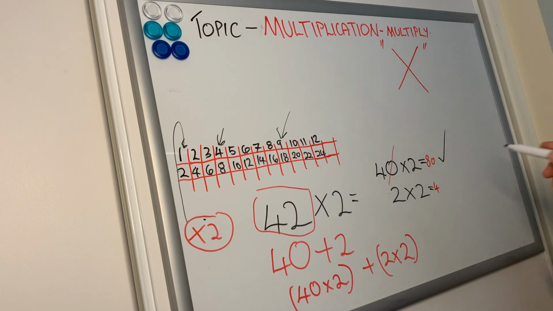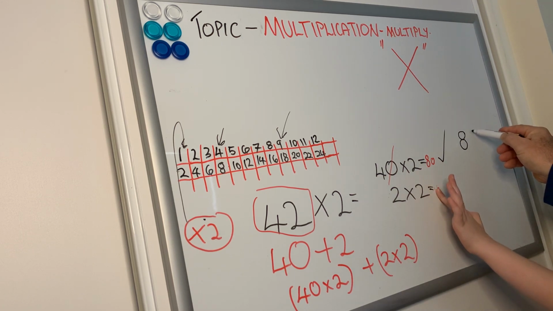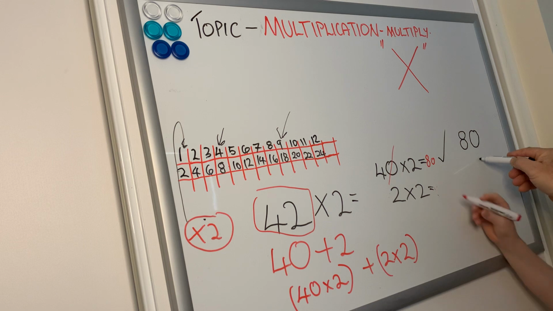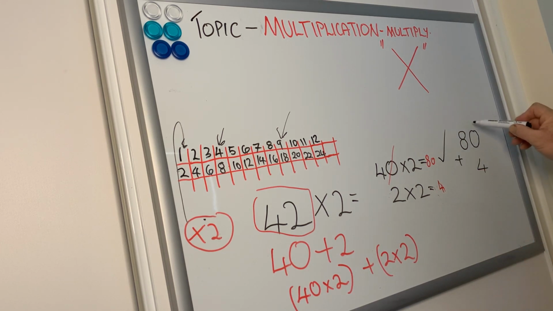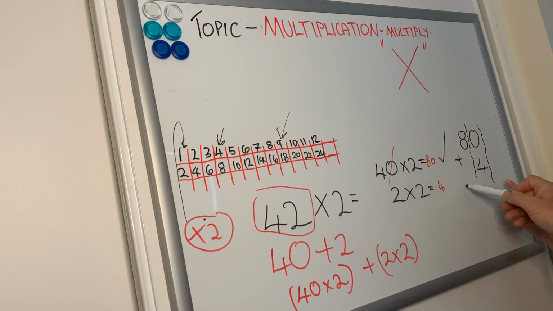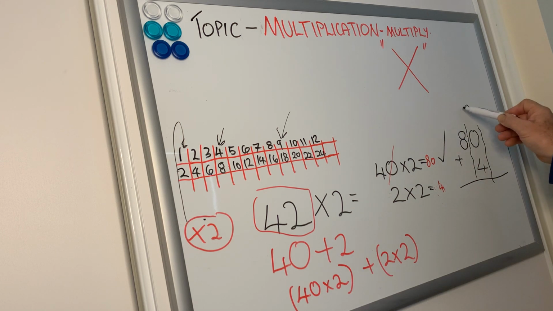When we add these together, let's put them in a nice row. So it's 80, and it's a 4, and a plus sign, and we want to make sure they're in their appropriate columns. Because if you put a 4 in here, then that will not make any sense. We're in the ones column, the tens column, then the hundreds column, and so forth.